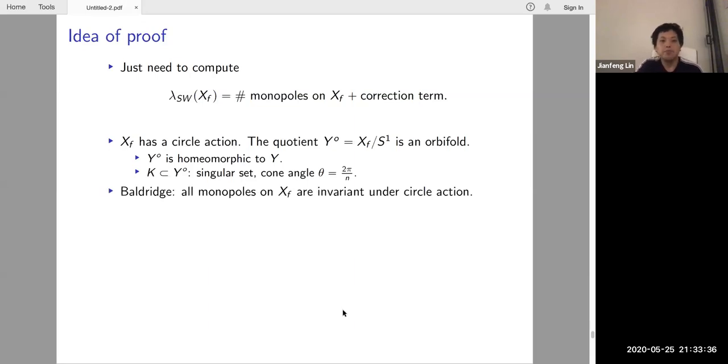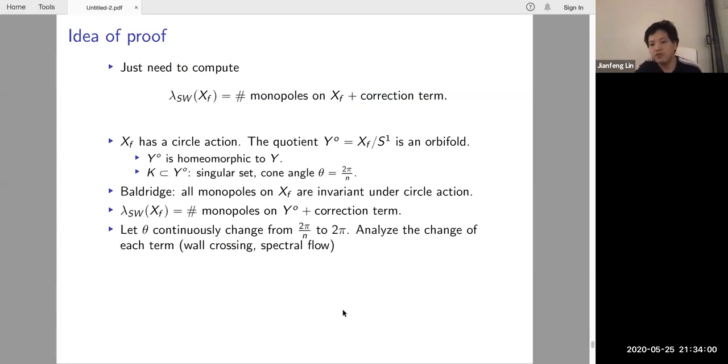Okay. And note that there is a result by Baldridge, which states that all monopoles on this mapping torus are actually invariant under this circle action. As a result, we can also define lambda SW as the monopole count on this three-orbifold plus some correction term.